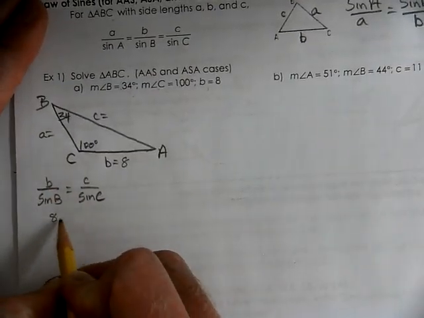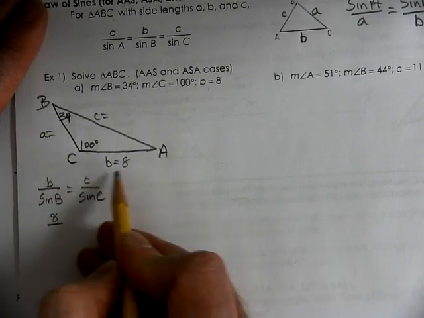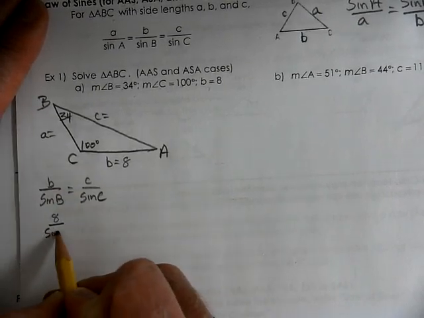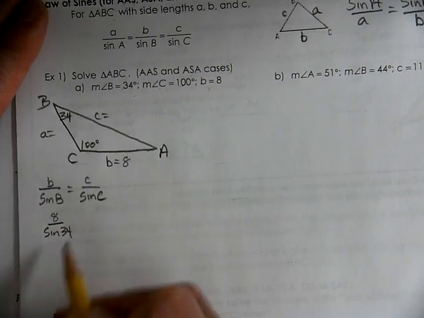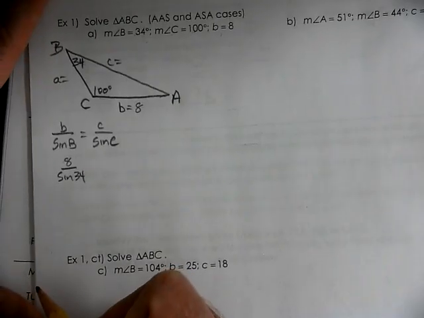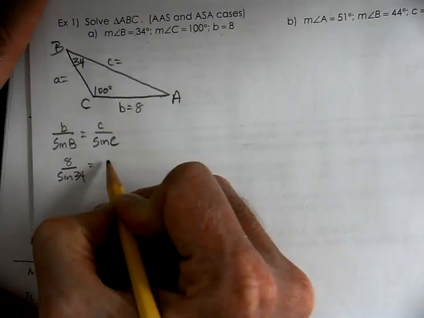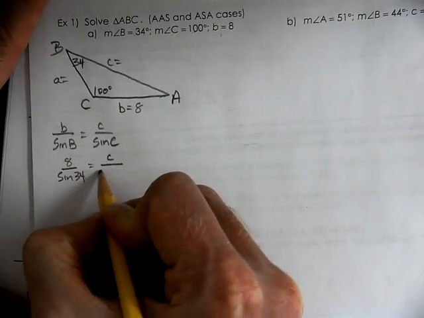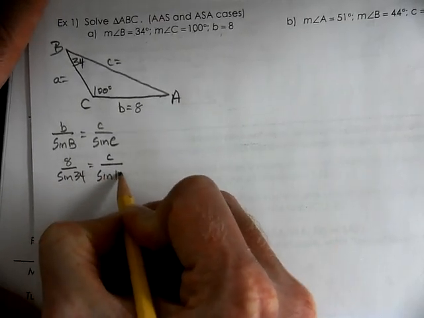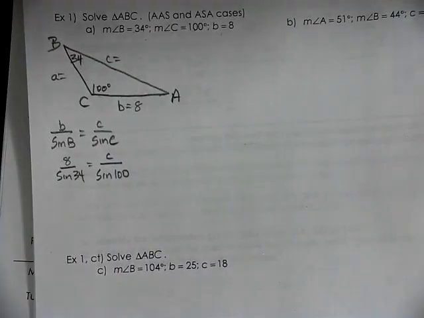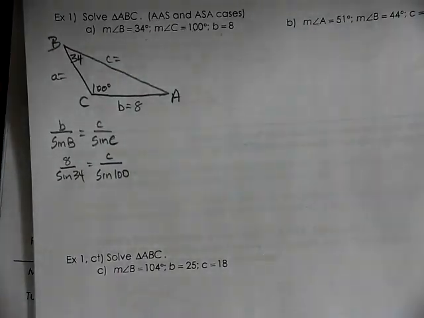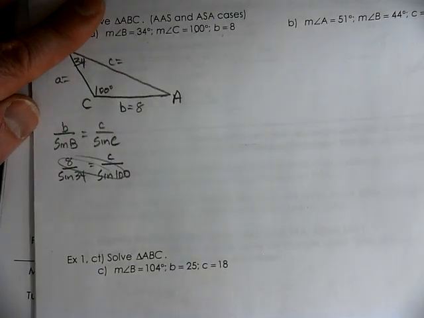So, side b is 8. Angle B is 34, so it's 8 over sine of 34 equals c over sine of 100. So we're going to cross multiply.